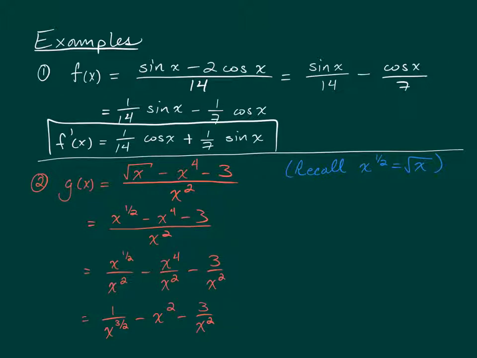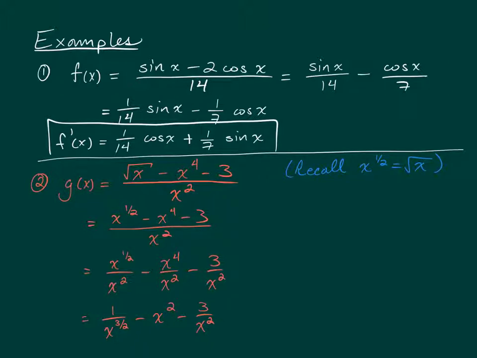Now, in order to use the power rule here, we must have x's in the numerator. So we could find the derivative of this middle term right now, but this last term and this first term, we cannot find the derivatives of these until we get x in the numerator.